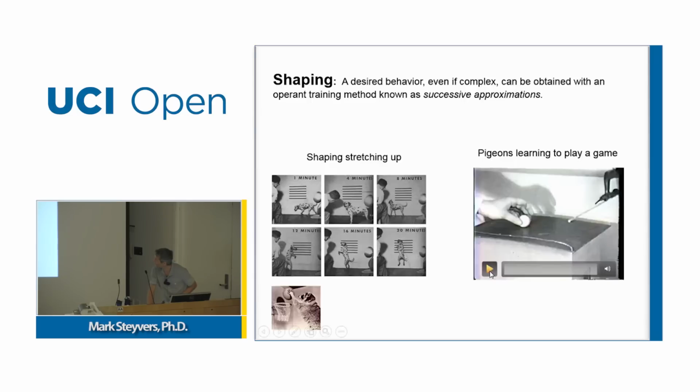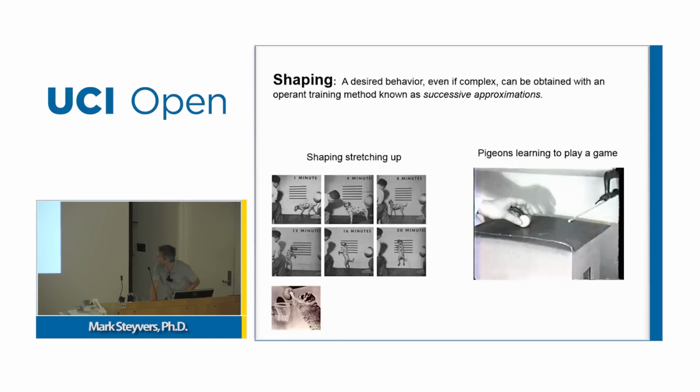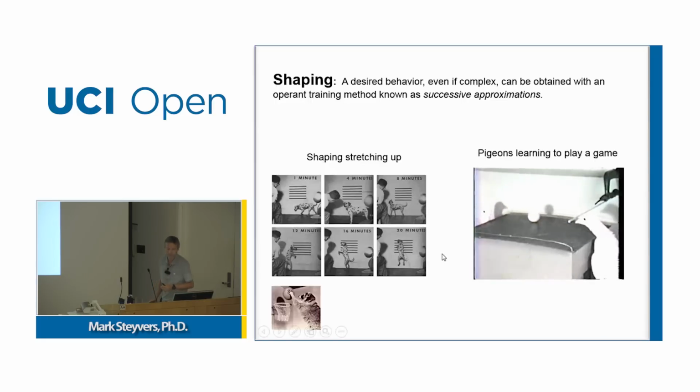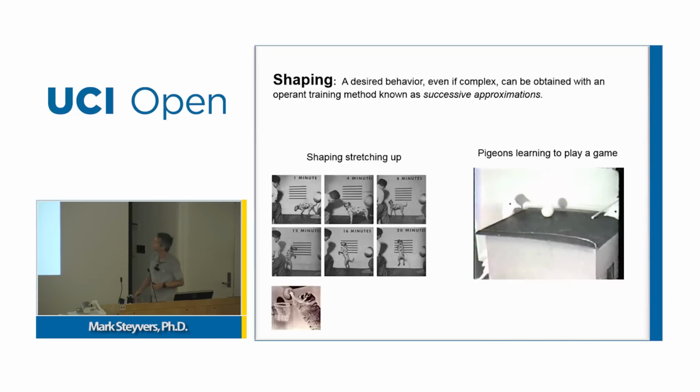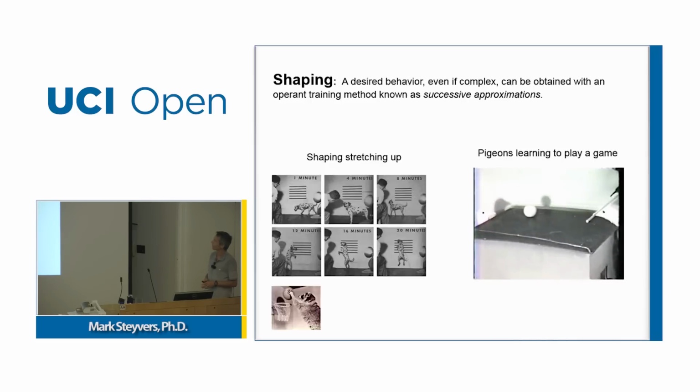So here are two pigeons that learn to play table tennis. And Skinner did this by just gradually reinforcing behaviors that look more and more like gameplay. The two pigeons are at either end of a small ping-pong table. One pigeon pecks the ball as it comes toward him and knocks it toward the other pigeon. The other pigeon pecks the ball back across the table.